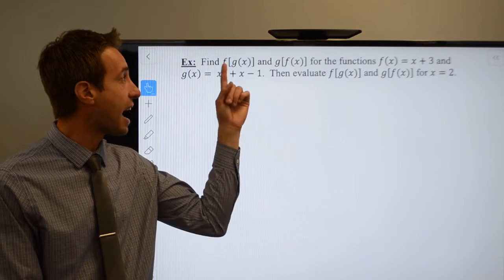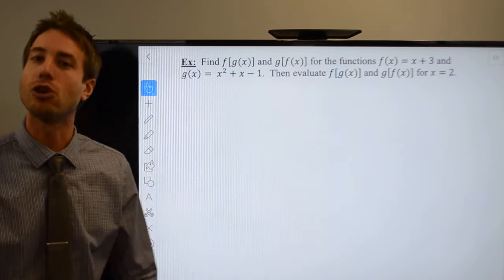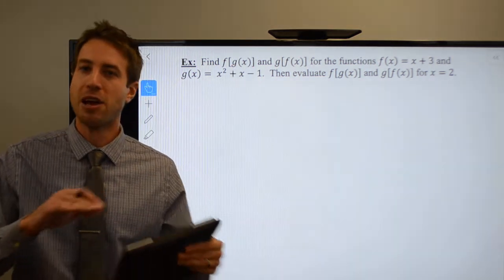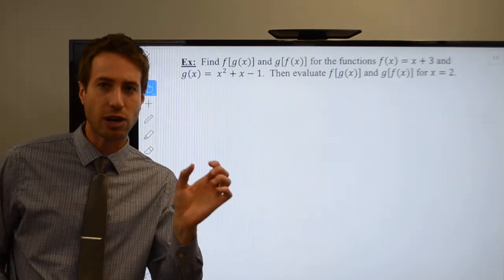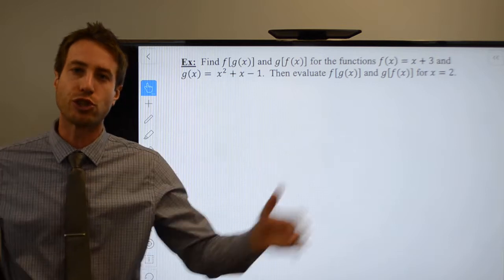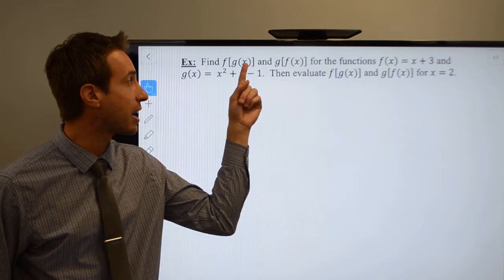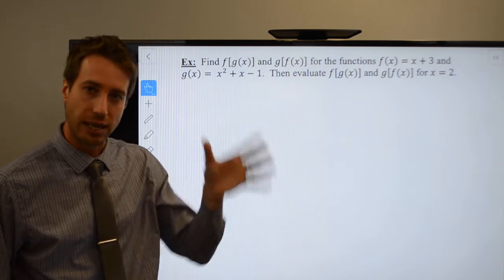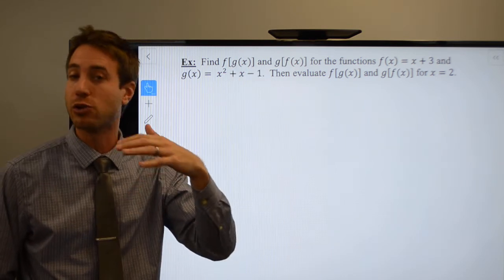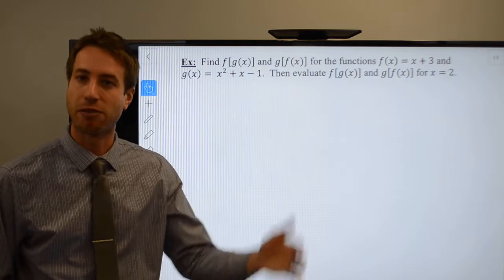We're going to start with the f of g of x, and let me show you how I would do these. Now, previously, when you had been given a domain value, you had started inside and sort of worked your way out. We plugged that domain value in, evaluated g at that domain value to get a range value, which then became the domain value that we plugged into f to get our final range value.